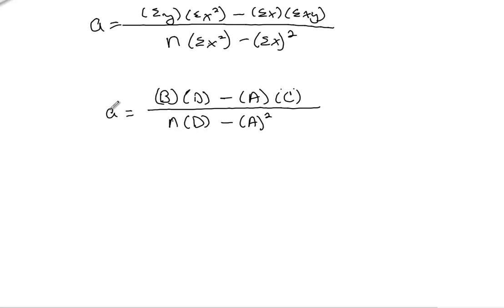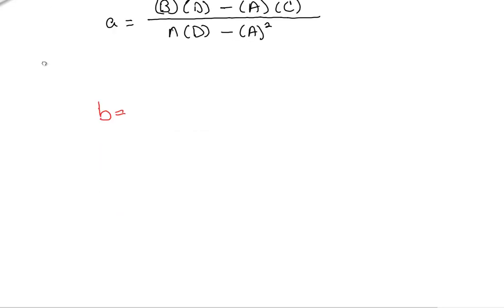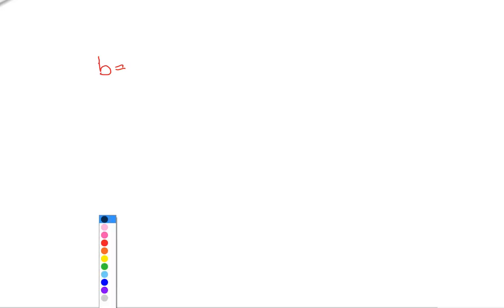And this will give us our a value, which is our y-intercept. Let's look at how we would calculate our b, our slope. So remember that a is our y prime intercept, and that b is going to be our slope.